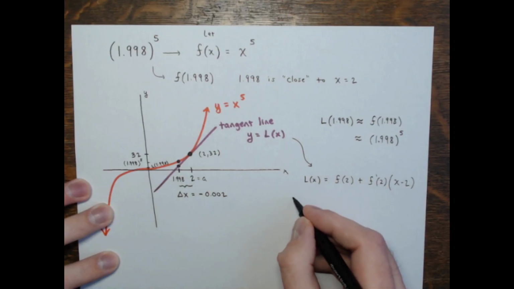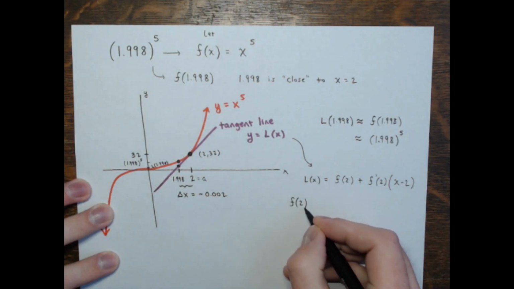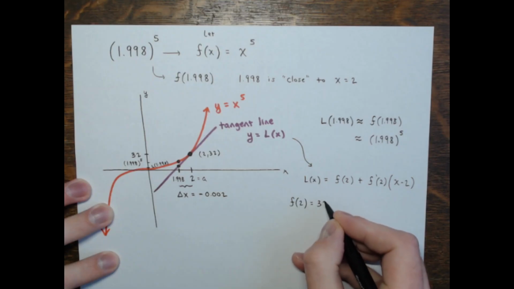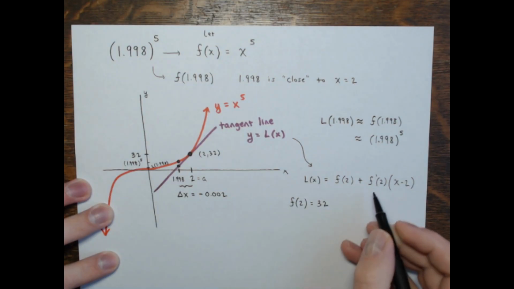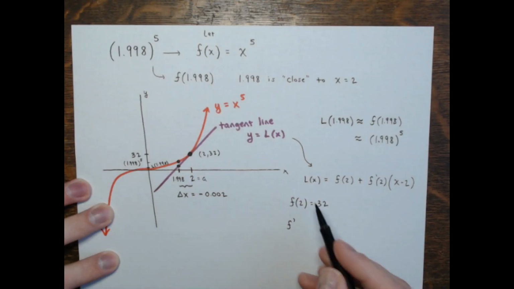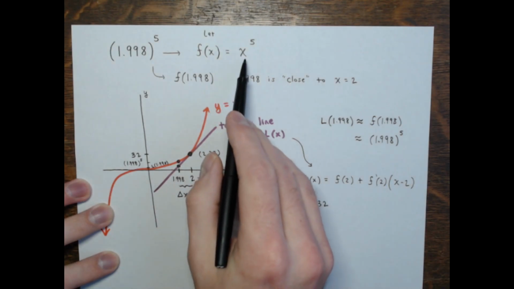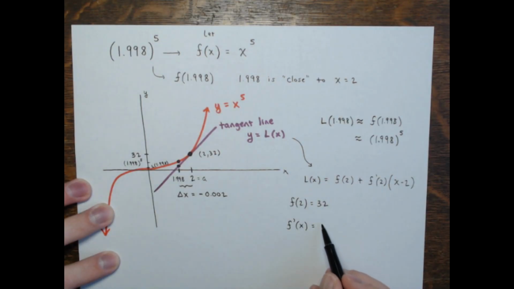This x to the fifth power function at 2 is 32, 2 to the fifth. F prime, the slope of my tangent line. Now f prime of x, being that this is just a simple power function, do the power rule, the derivative would be 5x to the fourth.